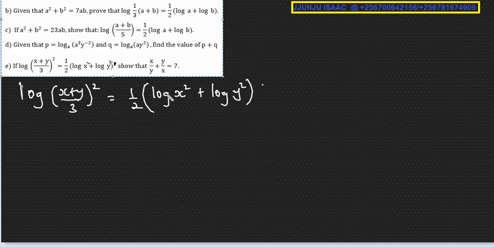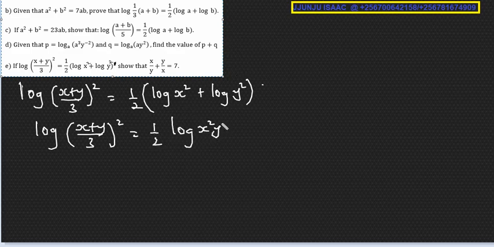So now let us see, meaning that we have log of (x plus y over 3) squared equal to, now inside the bracket we shall get log x squared y squared. So now when the square is on this, we can now simply put this half as the power.